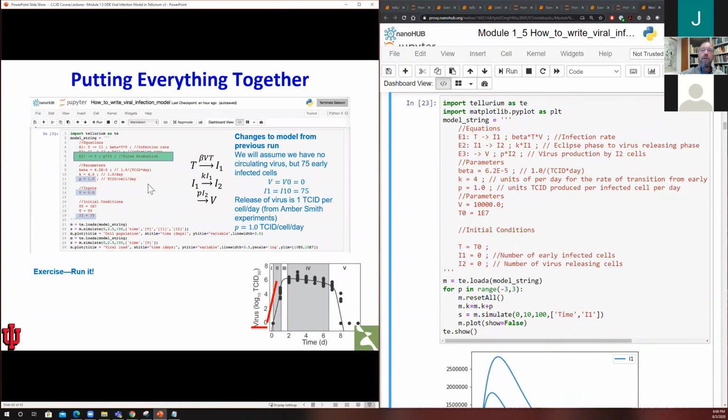Actually, in this model, we're going to change it a little bit. We're going to start now with no virus, but with some infected cells. Okay, so we'll make the initial amount of virus 0. So we'll start with no free virus, and we'll start with some early infected cells. Okay, does everybody have that?